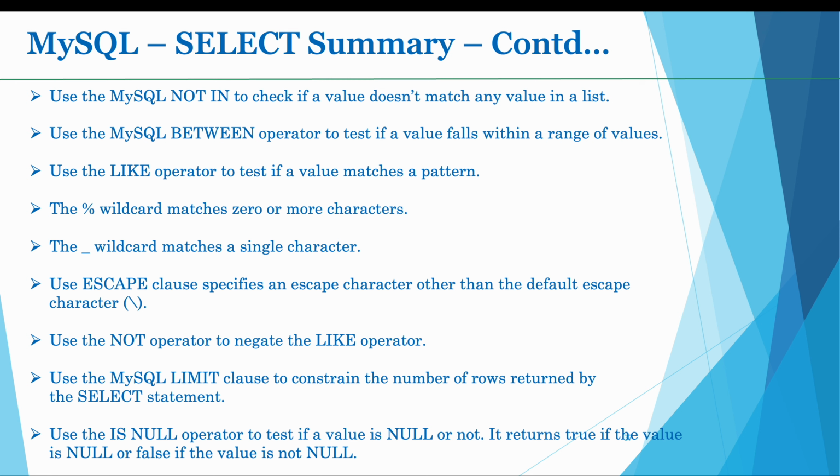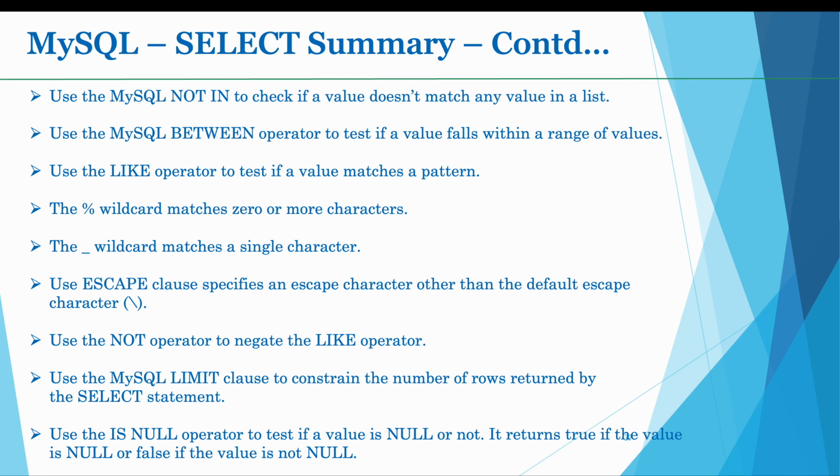You can use the like operator to test if a value matches a pattern. Percent sign can always be used for wildcard matches. Percent takes care of zero or more characters, and underscore is the wildcard match for a single character.